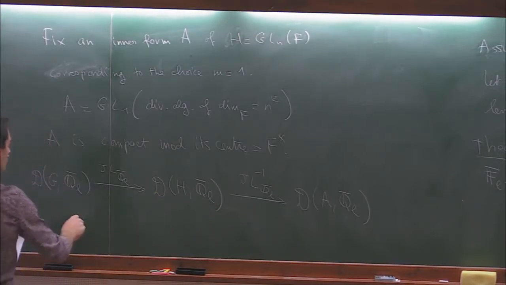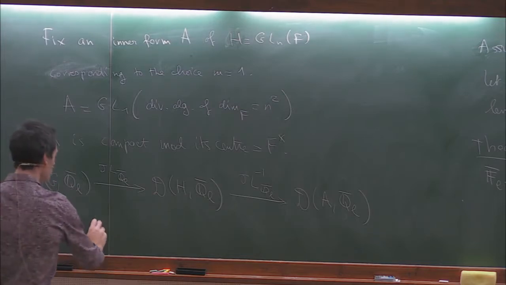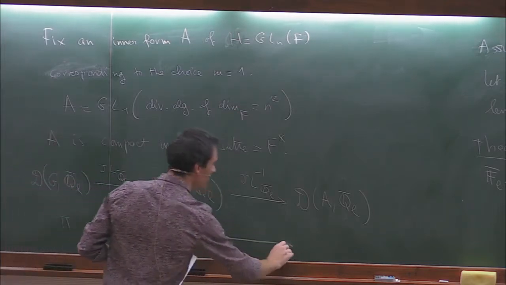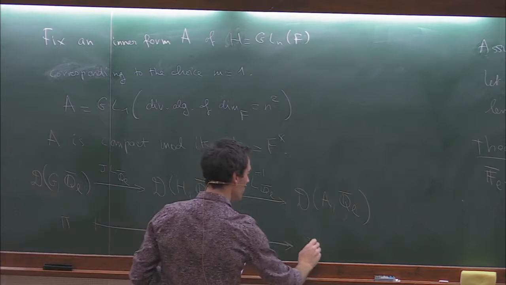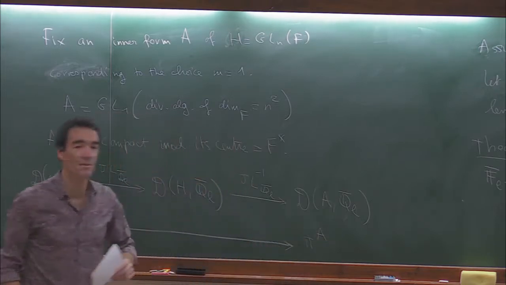The composite of these two maps takes pi to some representation that I will denote by pi^A. So again, what I have just done is change the group of reference of the Jacquet-Langlands correspondence. It is not H anymore, it is this A that I have fixed.